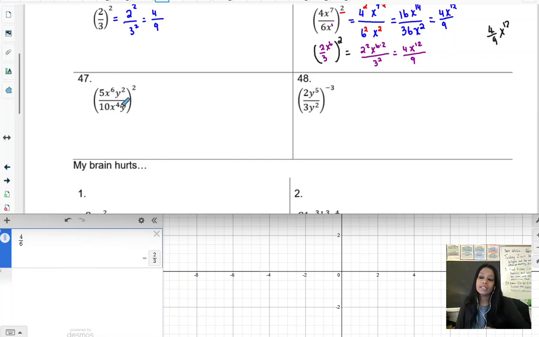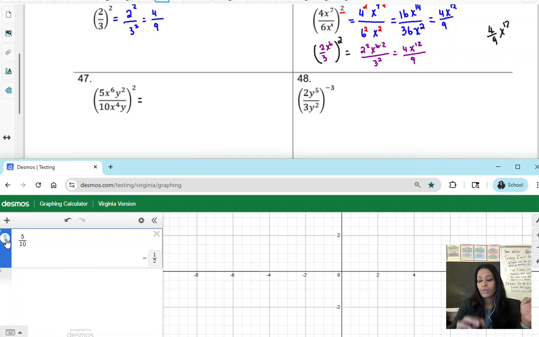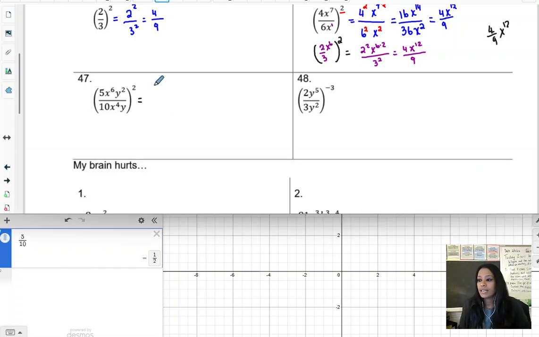All right, so for this one, let's go ahead and do it the first way, where we simplify the inside first and then take the power. So 5 over 10 is 1/2 inside of the parentheses.